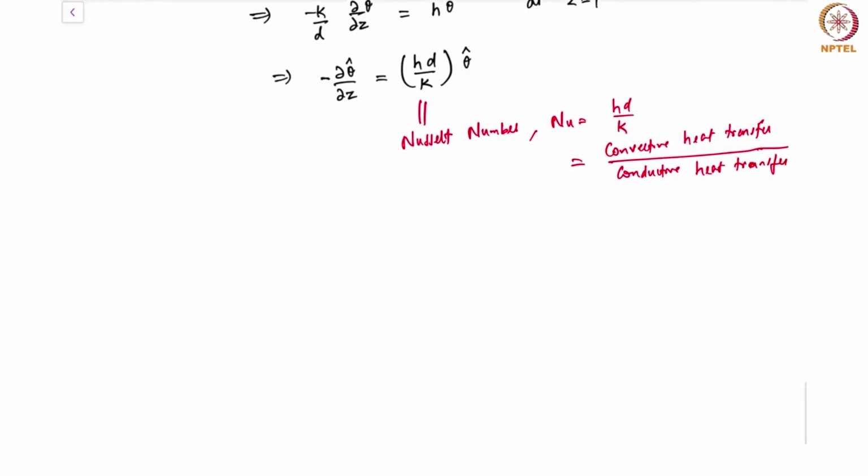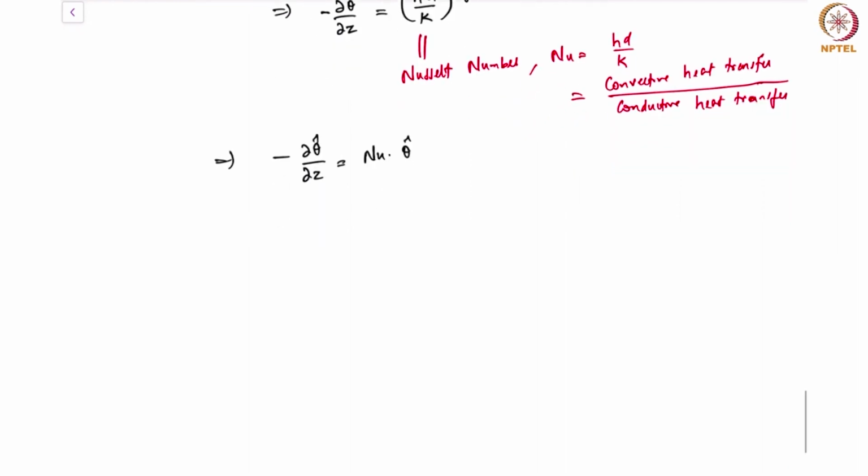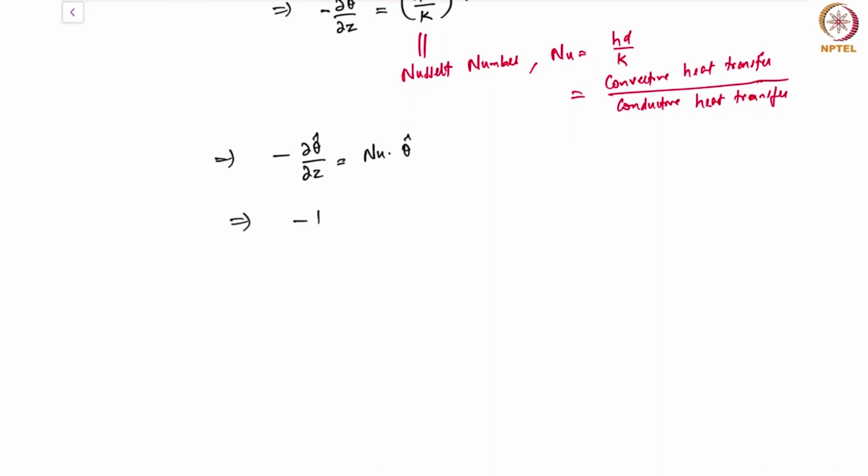Right? So now we have derived an important condition. We have minus del theta by del z is Nusselt number times theta hat, or in normal mode form we have minus d capital H is Nusselt number times h.